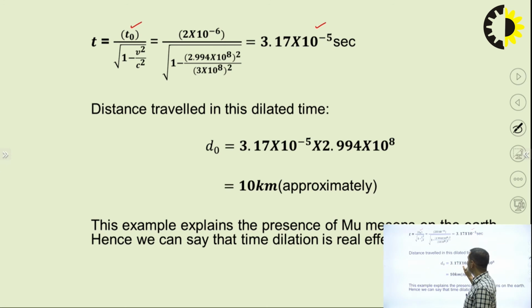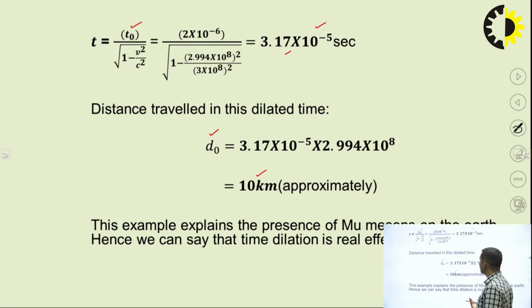Then for the distance traveled, again we will use the formula. The distance traveled in this dilated time, suppose d₀, we will find out using the dilated time, and this d₀ will be approximately equal to 10 kilometers.